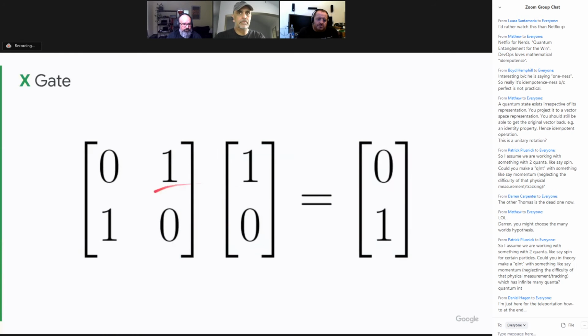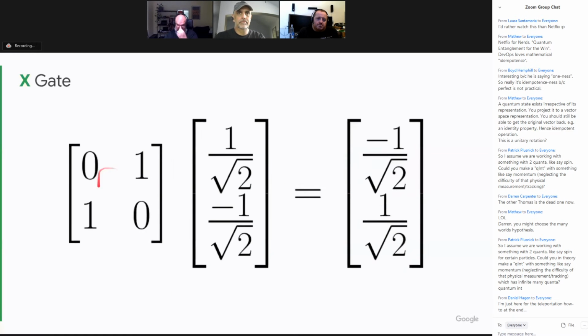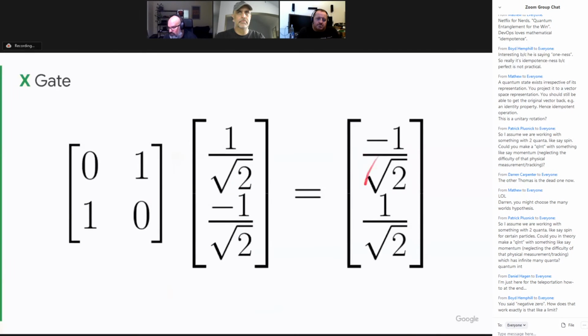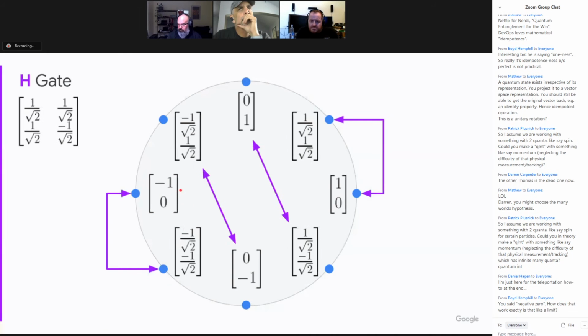Here's an example with the linear algebra that we looked at earlier. Multiplying this matrix on the 0 bit gives us the 1 bit. Multiplying this matrix on whatever this state is called gives us that state up there. And then here's another gate.